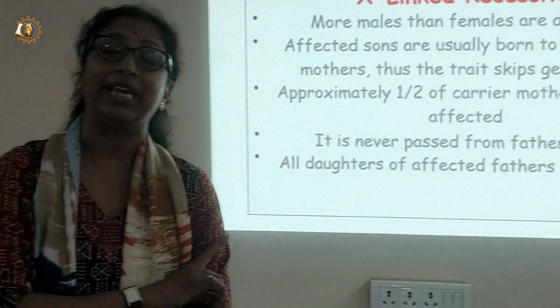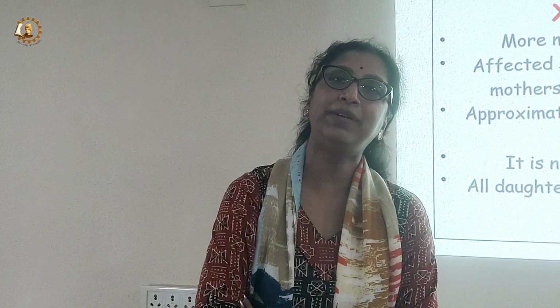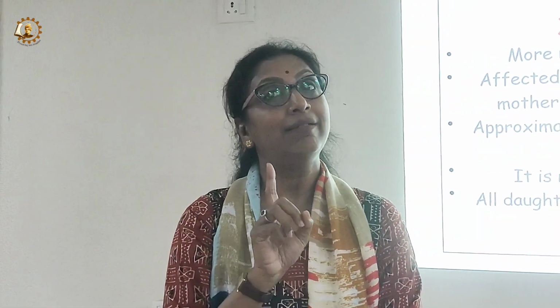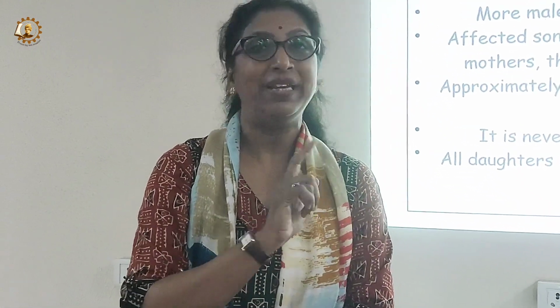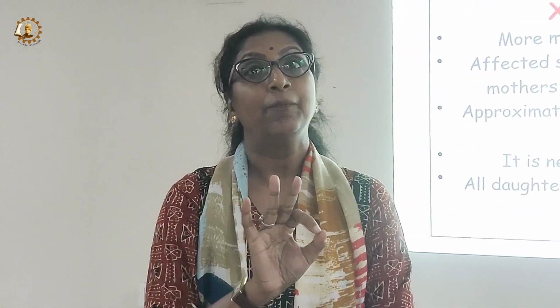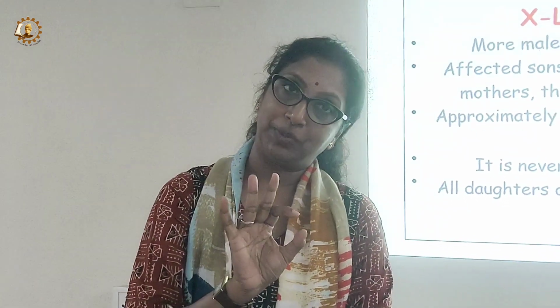In both the recessive cases, autosomal recessive as well as X-linked recessive, you will get the carrier female. So what do you mean by carrier female? Carrier females are those having one recessive allele along with one normal dominant allele, but they are basically normal unaffected individuals.